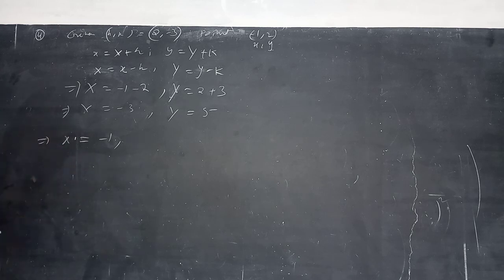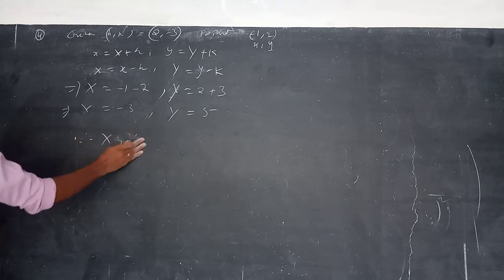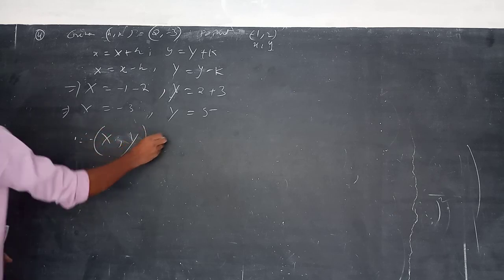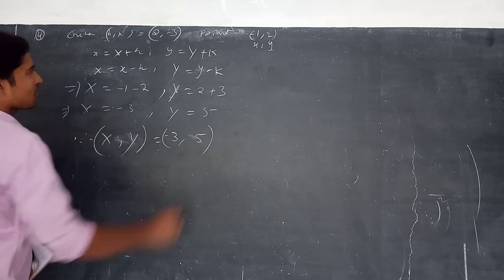Up to here only, we need up to here, no need to write. Therefore capital X comma capital Y, up to here the solution completed.